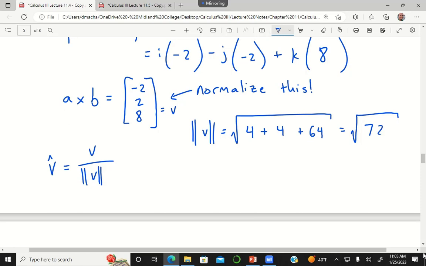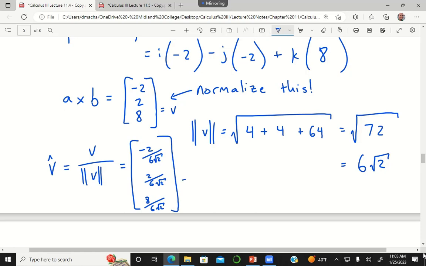Yeah, square root of 72, which is like 6 root 2. So, for my answer, to get my unit vector in the direction of this a cross b vector, I just have to take each entry and divide by 6 root 2. So this would be negative 2 over 6 root 2, 2 over 6 root 2, and 8 over 6 root 2.